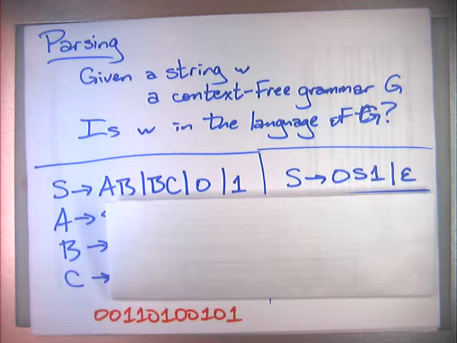So if I want to know whether this string matches the rule S goes to AB, then I need to break off a prefix and pass it to the subroutine that matches against A, and I'm going to take the suffix and pass it to the subroutine that matches it against B. And as long as both of those subroutines come back and say yes, then I say, yes, in fact, this string is in S, because I can generate, say, 0011 using A, and the rest of the string using B, and so this matches AB, and S has a rule that says if you're an AB, then you're already in S. Great.